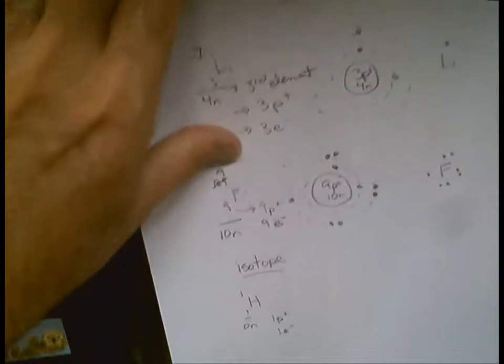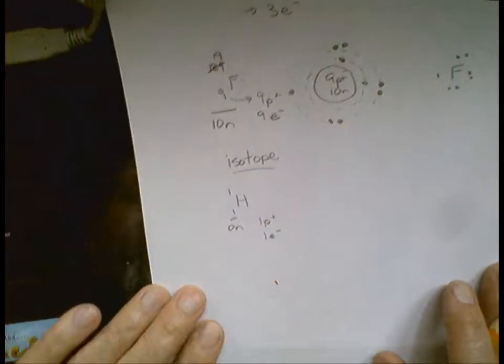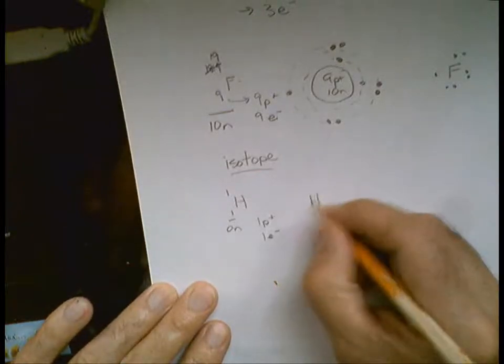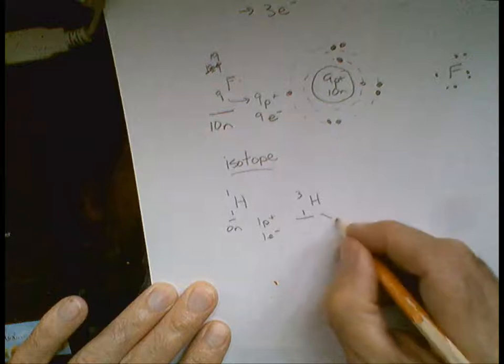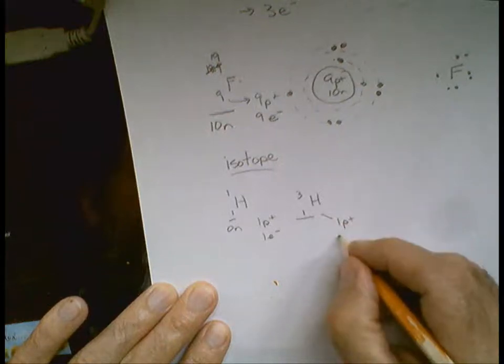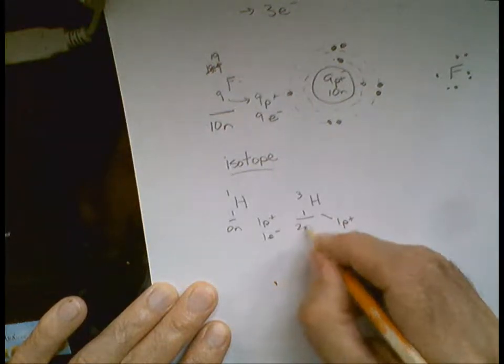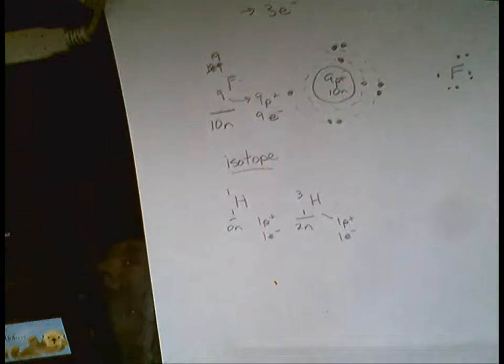Another isotope, or form of hydrogen, is tritium. Tritium has 1 proton, 1 electron, and 2 neutrons. These are often radioactive when we have isotopes, or different numbers of neutrons, because they can break down and give off radioactivity.